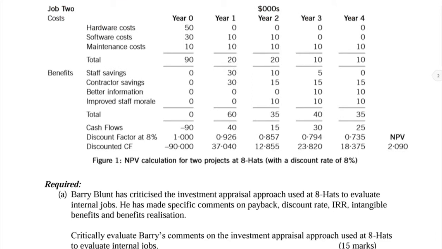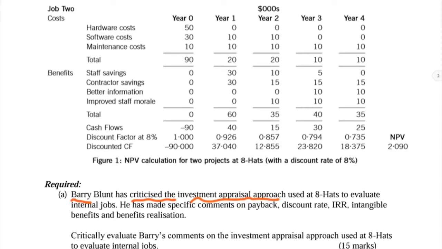For these questions, we look at part A. The question mentions that someone, Barry, is criticizing the investment appraisal approach. Currently, they are using NPV for the investment appraisal evaluations to assess whether a project is acceptable or not.